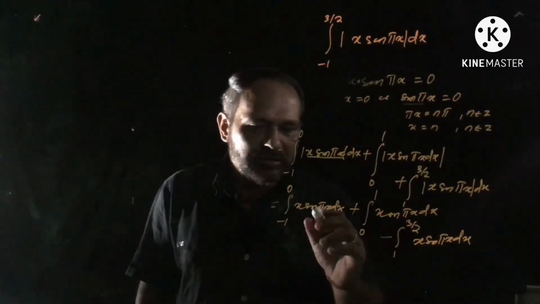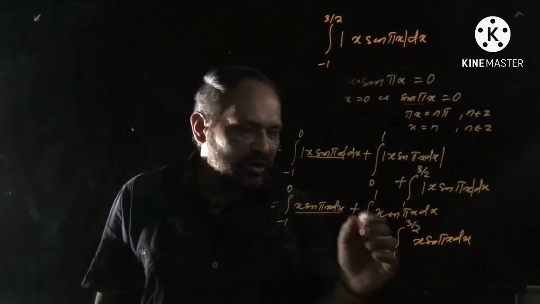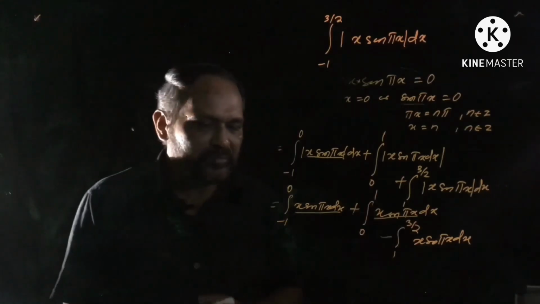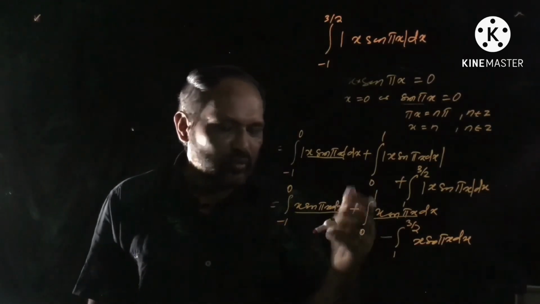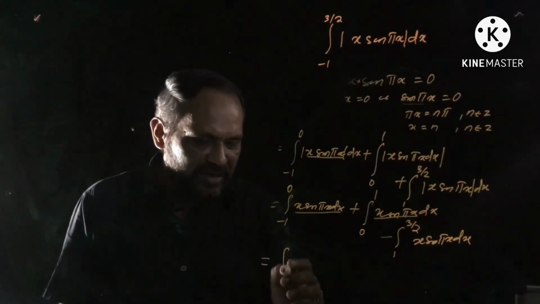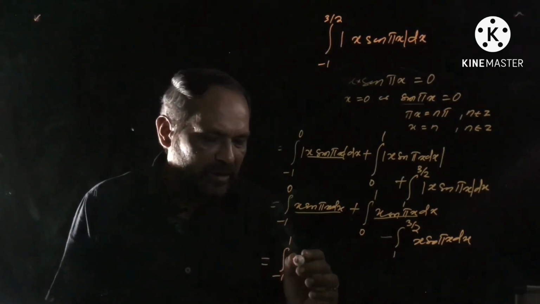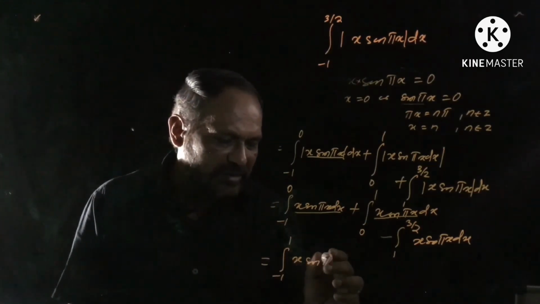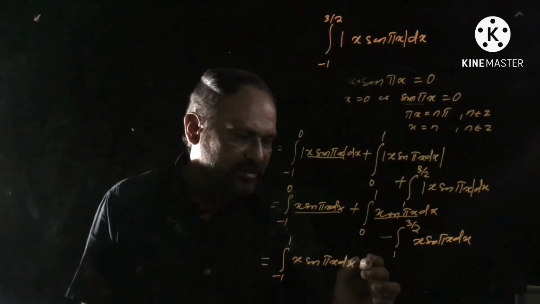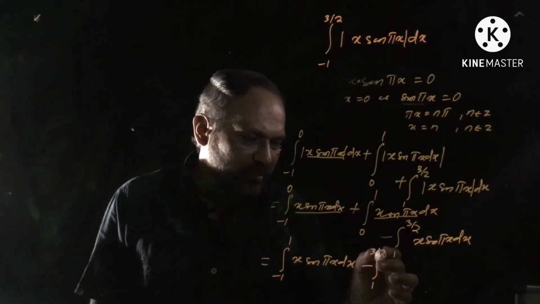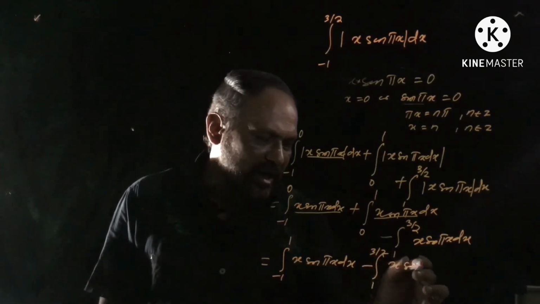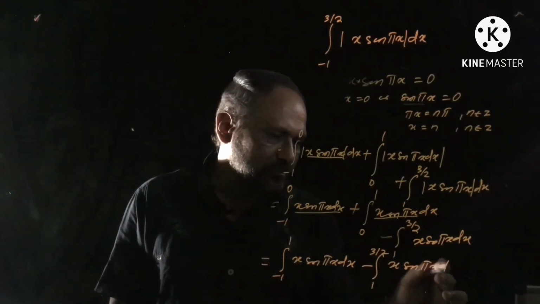See here, in both cases the integrand is the same. This is from minus 1 to 0 and this is from 0 to 1. So we can write this as the integration from minus 1 to 1 of x sin pi x dx minus the integration from 1 to 3 by 2 of x sin pi x dx.